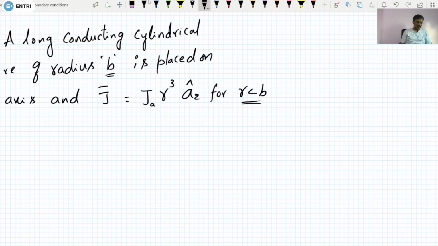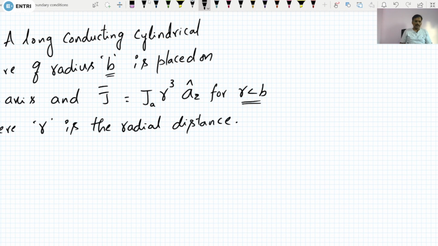Where r is the radial distance. Then they are asking the value of h for r less than b. Here they have given the options.